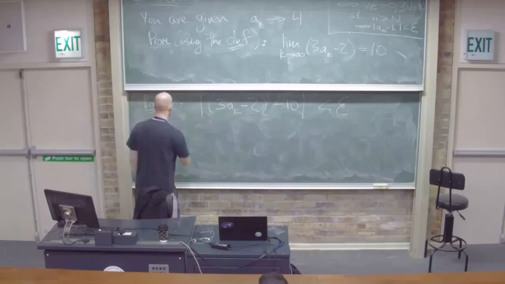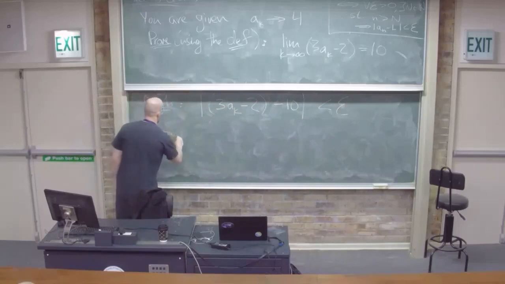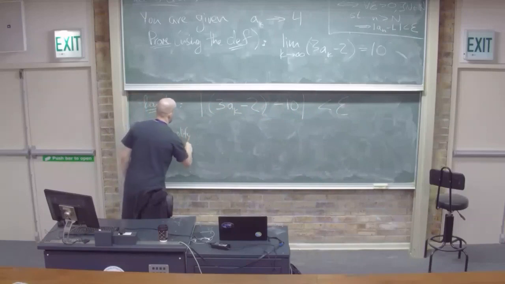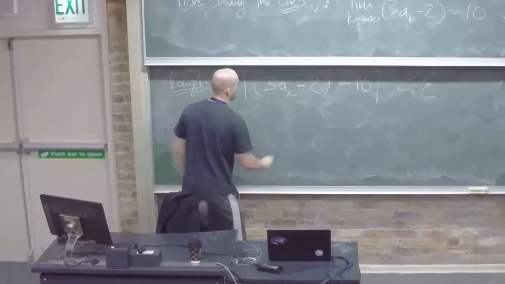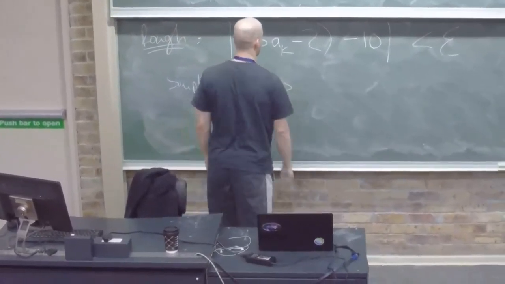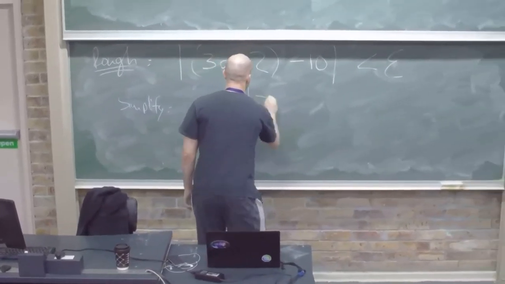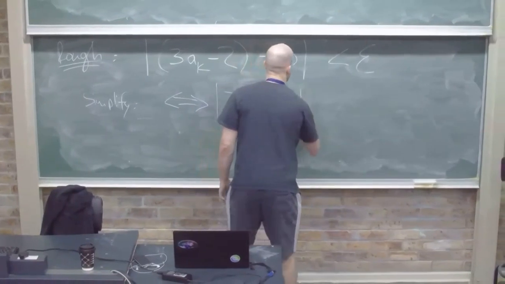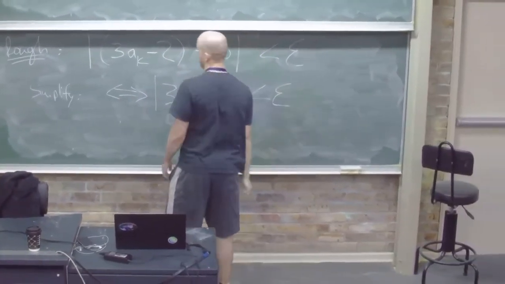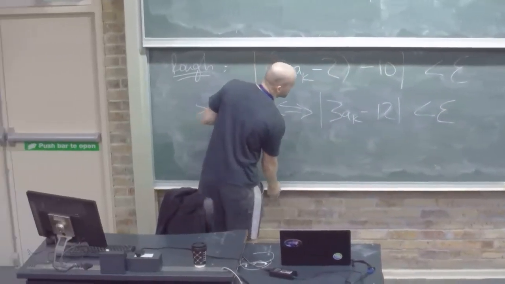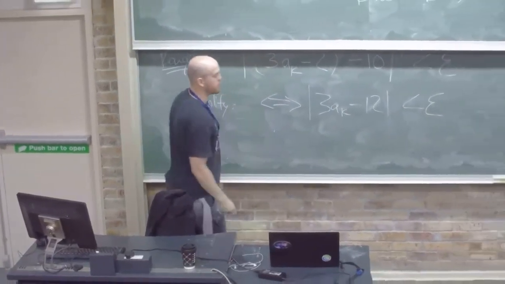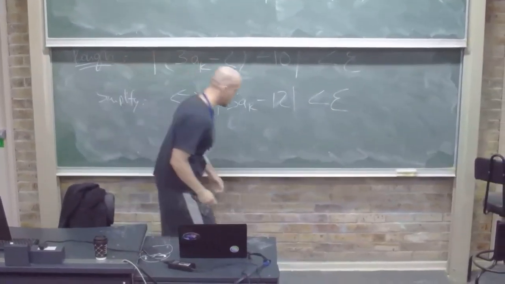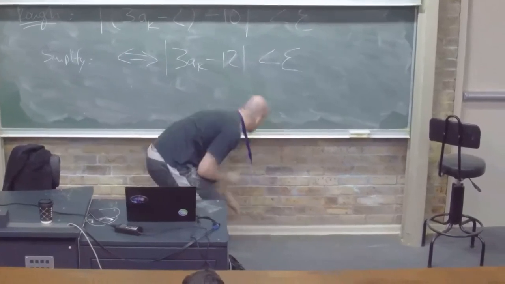And now we just simplify. Okay. So this is equivalent to looking at something that looks like this, 3ak minus 12 less than epsilon. Okay? And maybe you saw this in the tutorial, like maybe someone told you, or you worked it out on your own already.